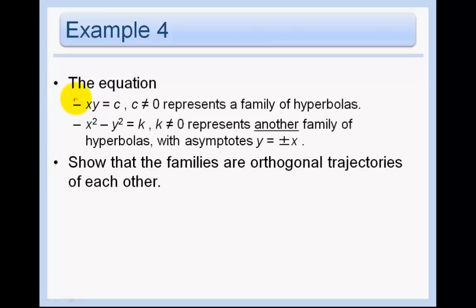Let's just call this A and this B. So the derivative of xy, we're going to need a product rule where this is the first and this is the second. Derivative of the first times the second plus the first times the derivative of the second. The derivative of a constant is just 0. Go ahead and solve for y prime.